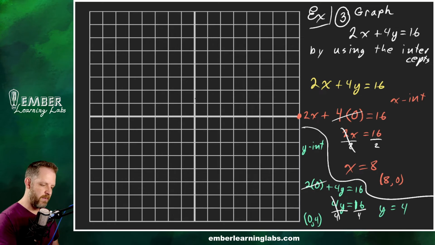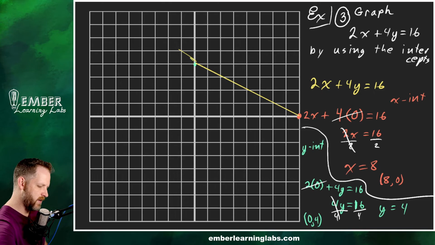So 0 up 1, 2, 3, 4. So now to graph this line, all we've got to do now is connect the dots. And then it keeps on going. I should have pulled out my ruler.